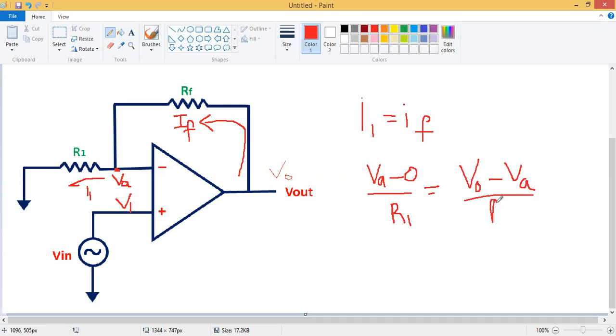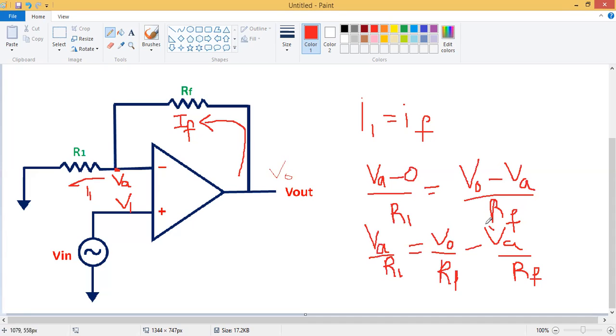So this entire equation becomes VA by R1 is equal to V naught by RF minus VA by RF.